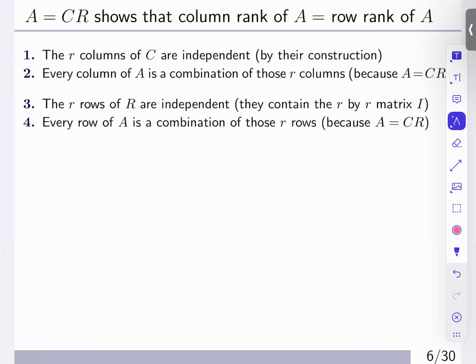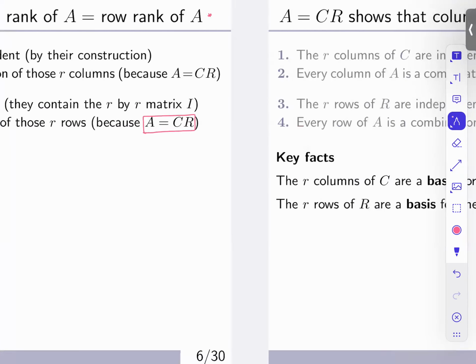This is a very important point in linear algebra: if you have a matrix A with rank 2, and you decompose it into column times row, the column matrix will have rank 2 and the row matrix will have rank 2. So that is what you should remember. Every matrix can be decomposed into column times row.